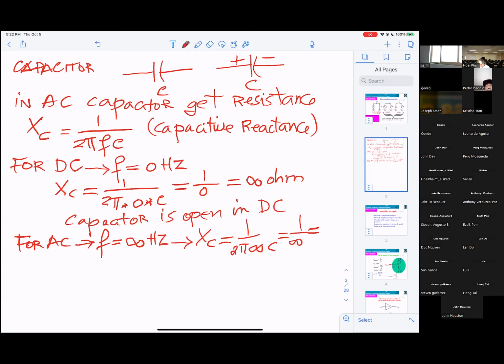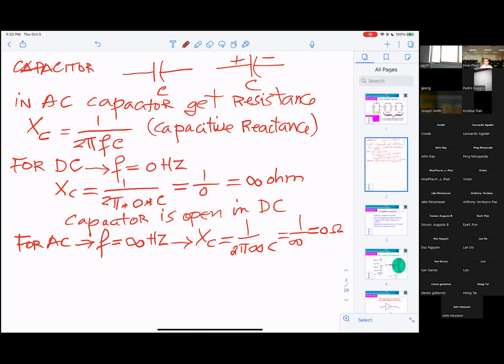Otherwise, I give you, why zero? Try to memorize 1 over infinity or 1 over 0. Okay? 1 over 0 gets infinity. 1 over infinity gets 0.